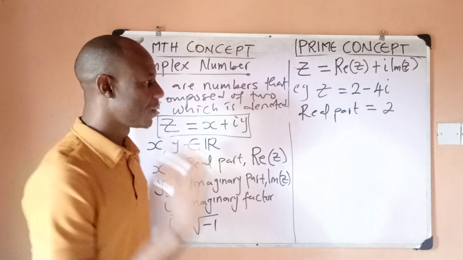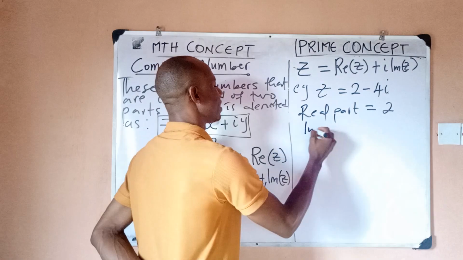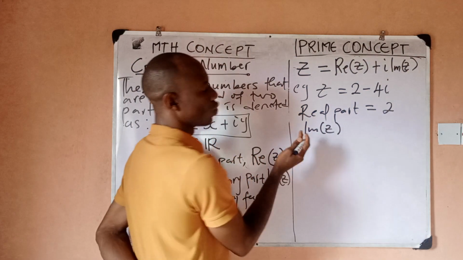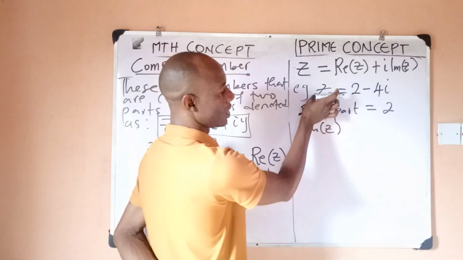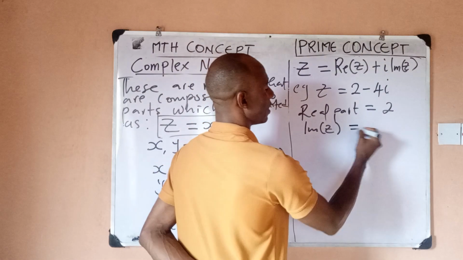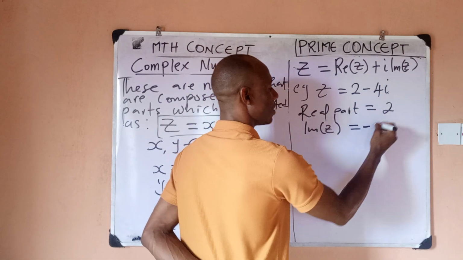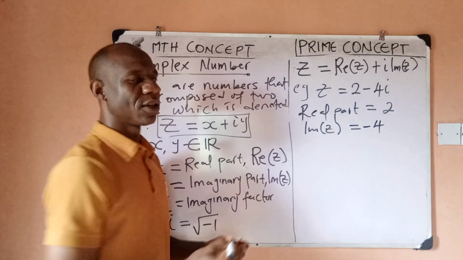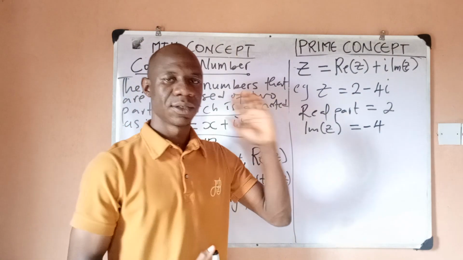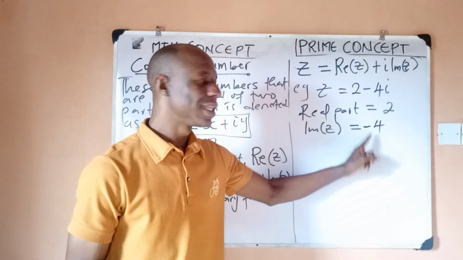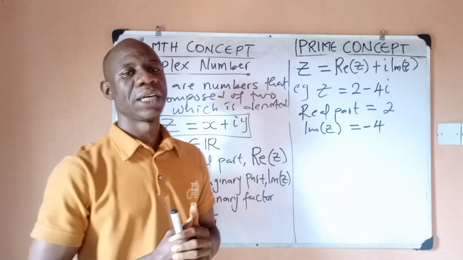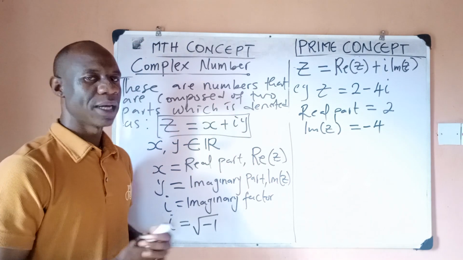That is very simple. If I ask you what is the imaginary part of z, you would quickly tell me that the imaginary part of this complex number z is equal to -4. Please don't say -4i. The imaginary part of the complex number is -4.